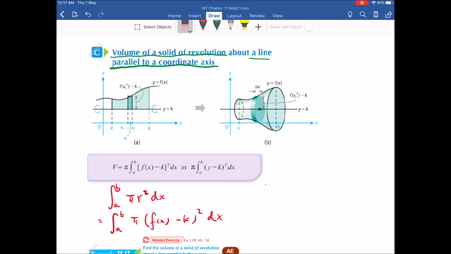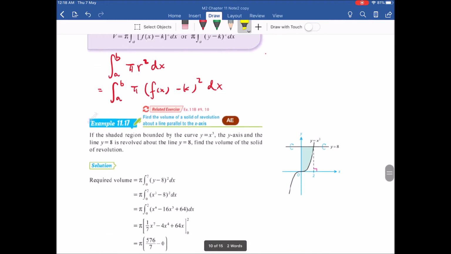If I clean this part to make it simple, the height of this one is f(x), but the height of this one is k. So the height of this one, the yellow one, is f(x) minus k.